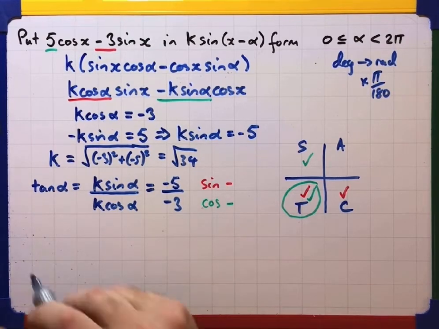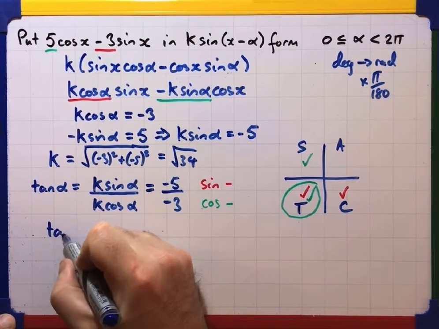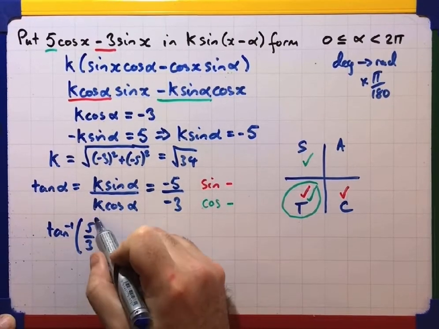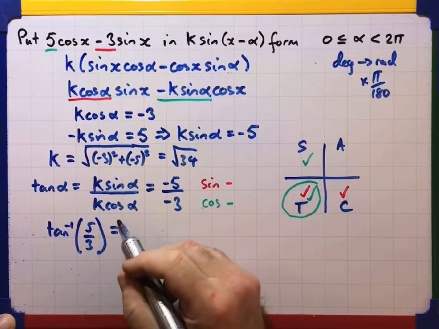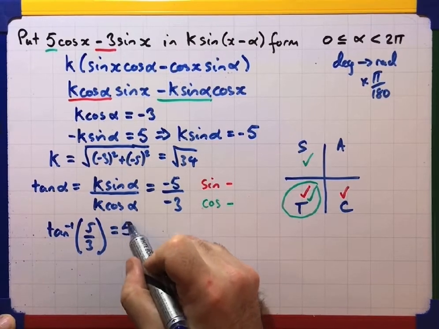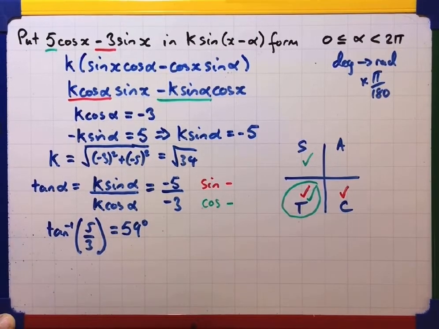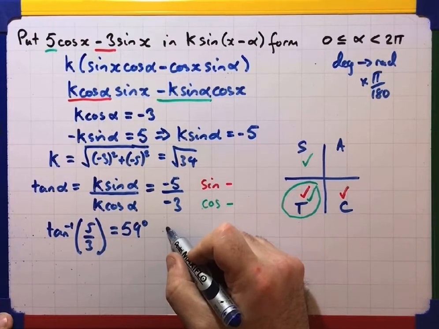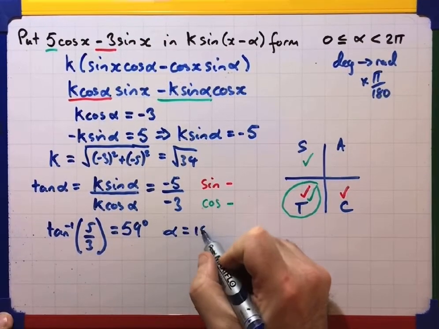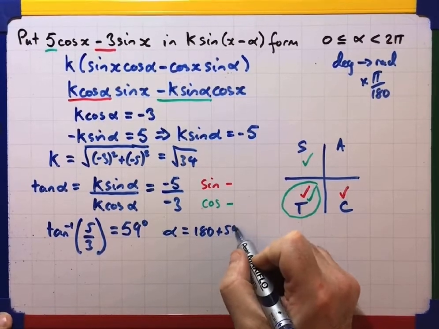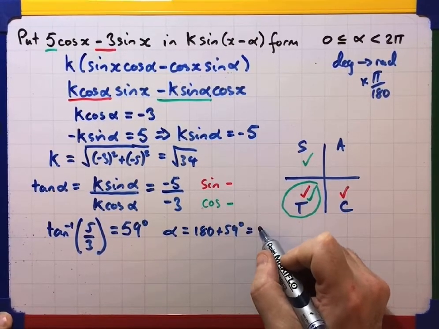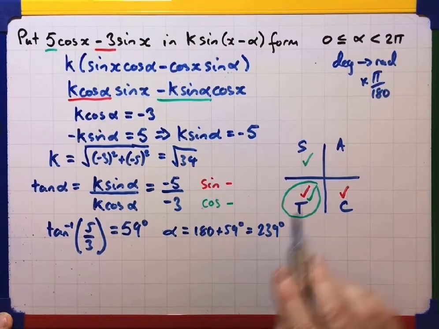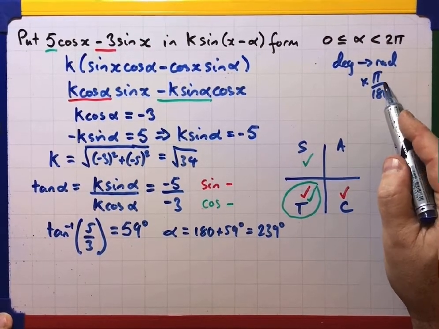Right, but first of all, let's work out what our first quadrant angle is. So we keep it positive, 5 over 3. If I work that out, it gives me about 59 degrees. I'm talking about third quadrant here. So remember, alpha will be 180 plus that 59 degrees, which is 239 degrees. At this stage, I'm going to change it to radians.